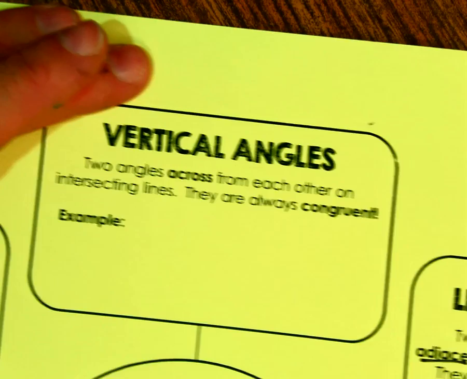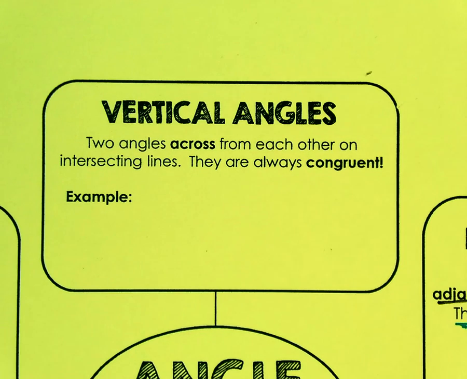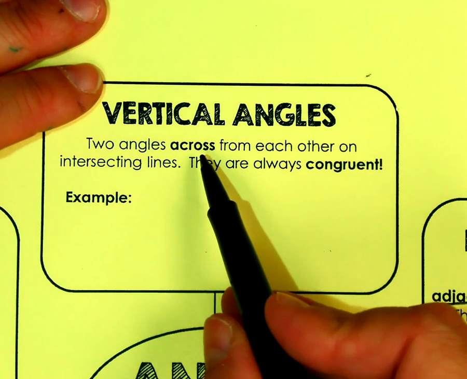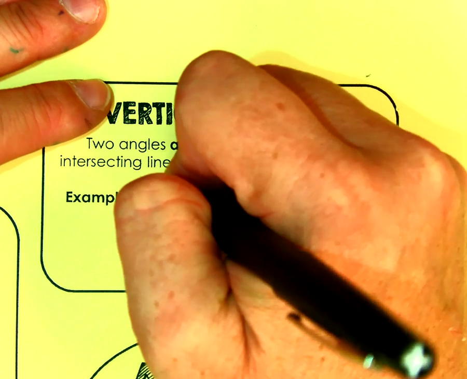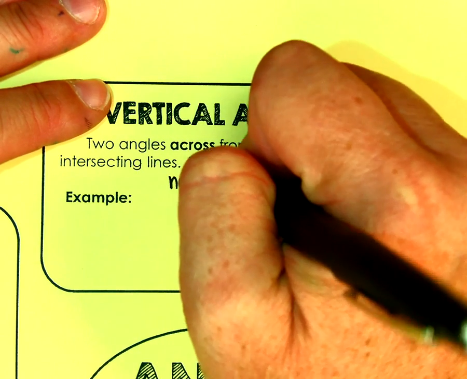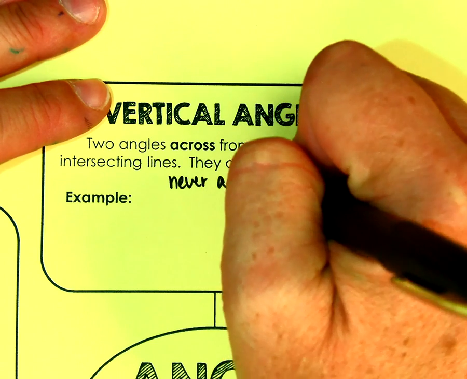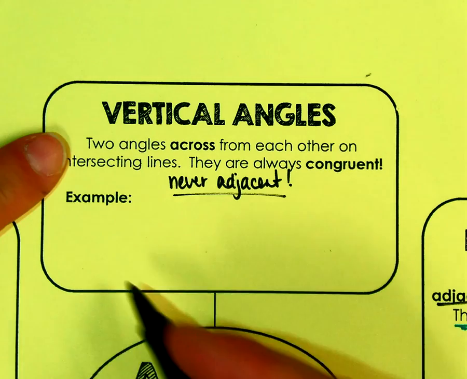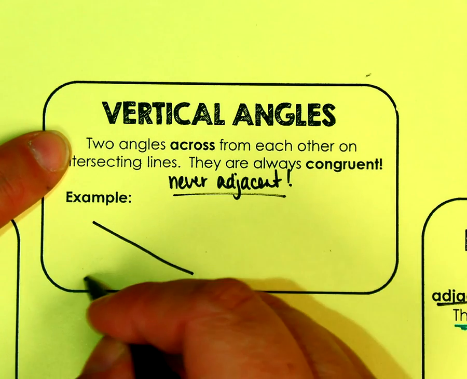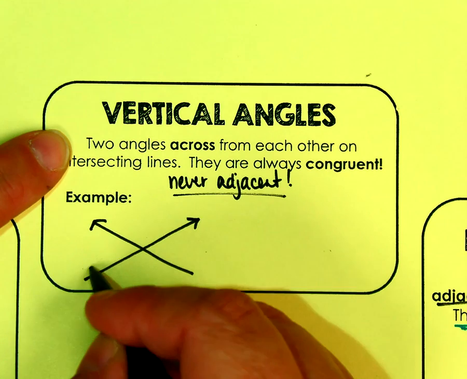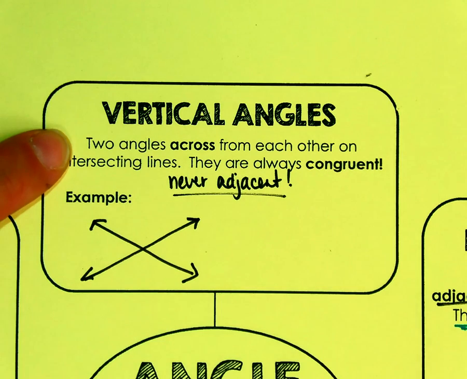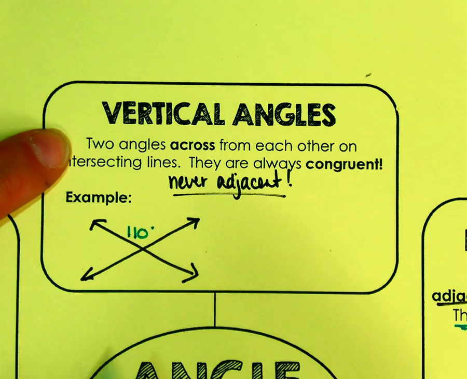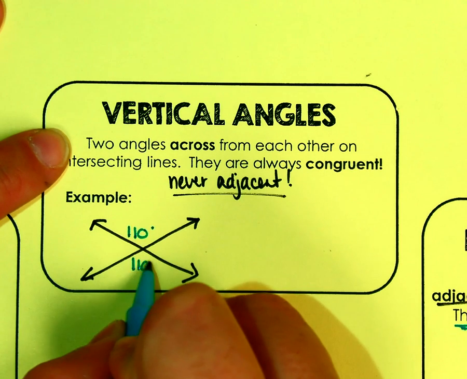Vertical angles: two angles that are across from each other. They are always congruent. Because they are across from each other, these are never adjacent. Some examples would be if you have two lines that intersect. If this is 110 degrees, then this is also 110 degrees.